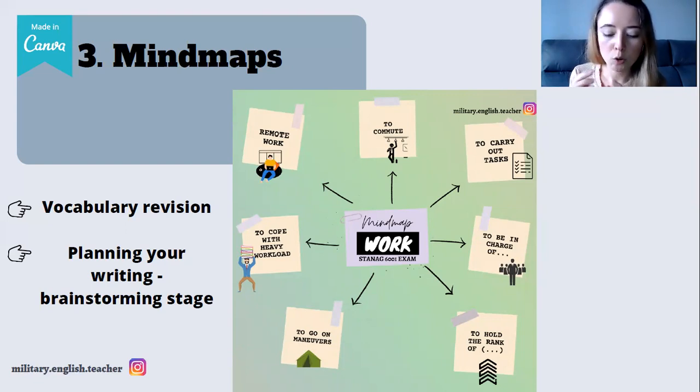So creating a mind map with the words that you remember related to the topic that you're going to write about is a really good strategy, because it's a good moment to think, okay, do I know some good vocabulary related to that topic? And then you can close your eyes and imagine this mind map that you created before related to the topic.